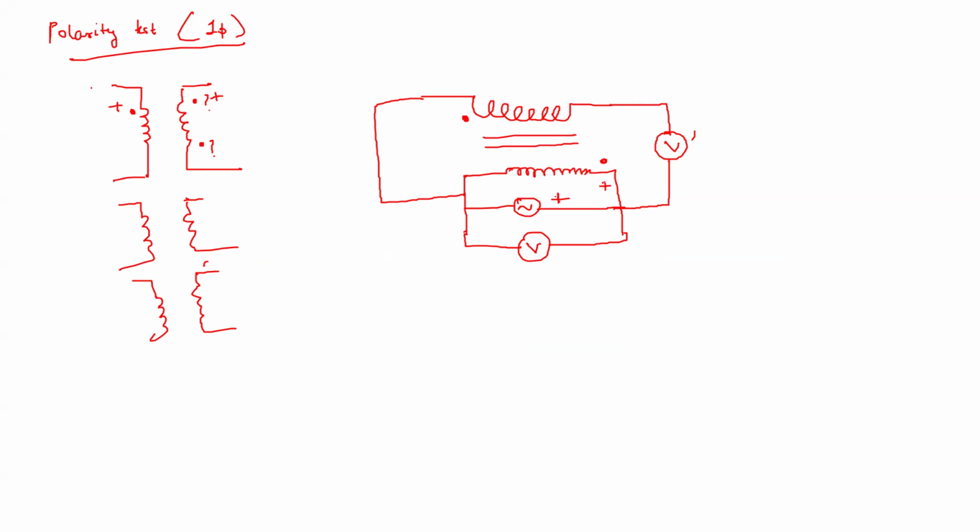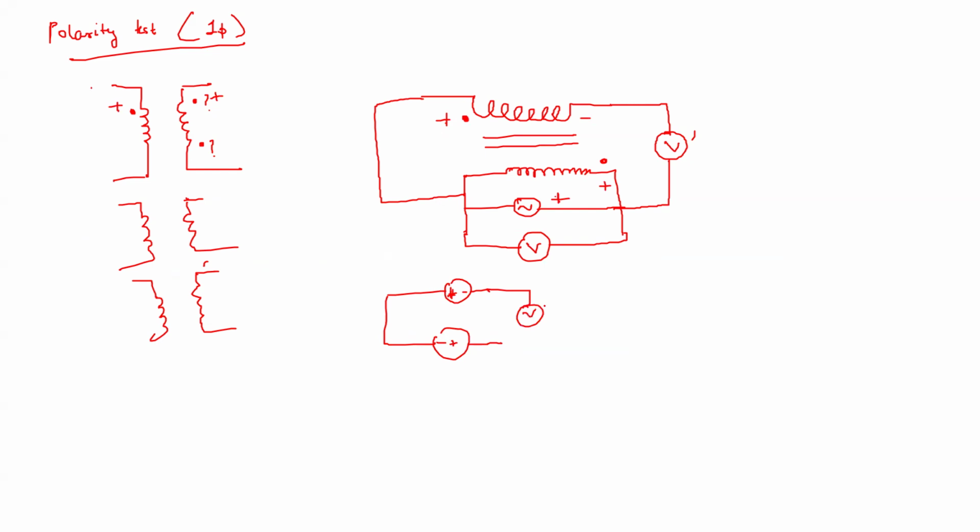So this plus is here, and similarly this dot also sees the plus sign. It is like a source, plus minus, then you have minus plus. So you can see that these two voltages are getting added up.